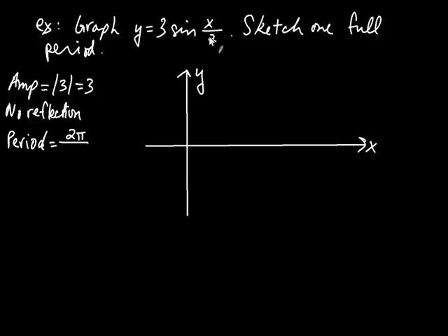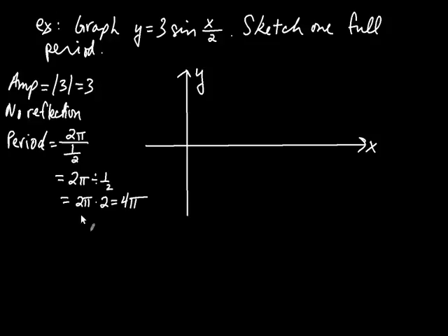So here I'm multiplying x by 1/2. So it's 2 pi divided by 1/2, and that gives you your new period. So 2 pi divided by 1/2, and then what you do is you say that's 2 pi times the reciprocal, right? So times 2, so the new period is 4 pi.